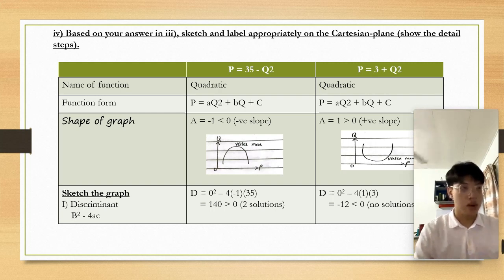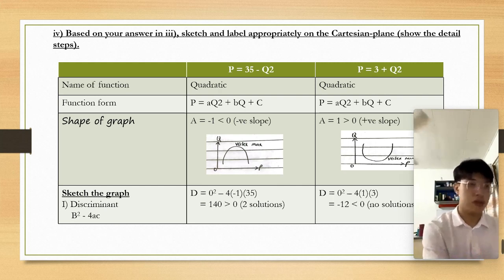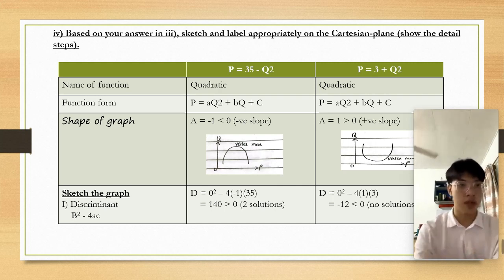The shape of the graph for P equals 35 minus Q squared, we get a equals minus 1, which is less than 0, so that we get a negative slope.